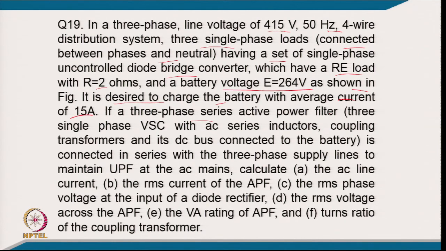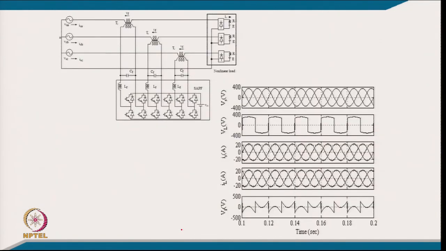If a 3-phase series active power filter, a single phase voltage source converter with an AC series inductor, coupling transformer, and DC bus connected to the battery, is connected in series with the 3-phase supply line to maintain unity power factor at AC, calculate A, the AC line current, B, the RMS current of the APF, C, the RMS phase voltage at the input of the diode rectifier, D, the RMS voltage across the APF, E, the VA rating of the APF, and F, the turns ratio of the coupling transformer.